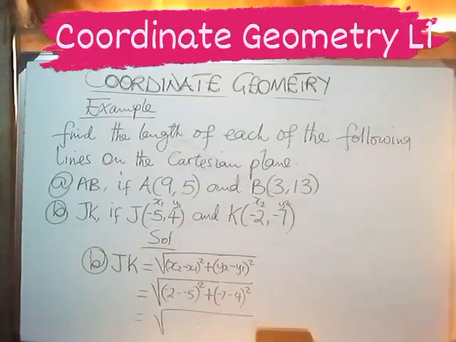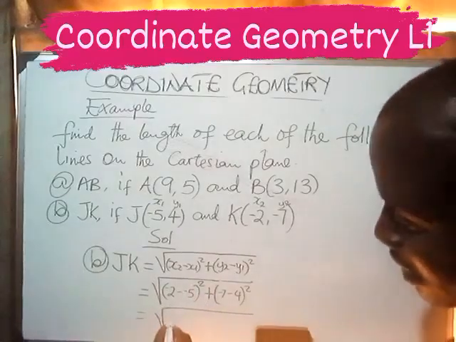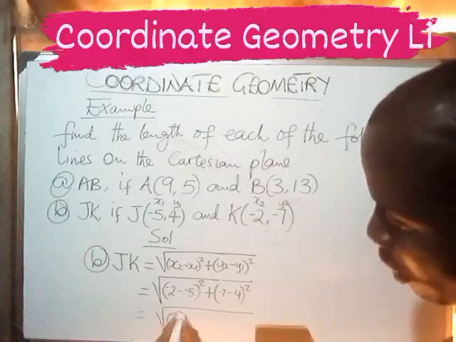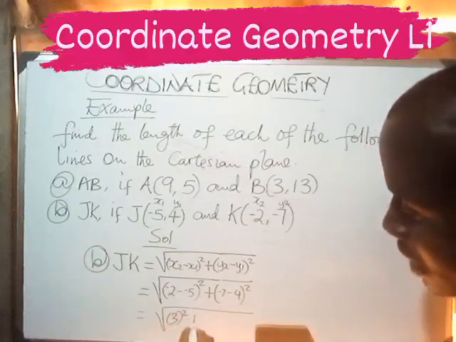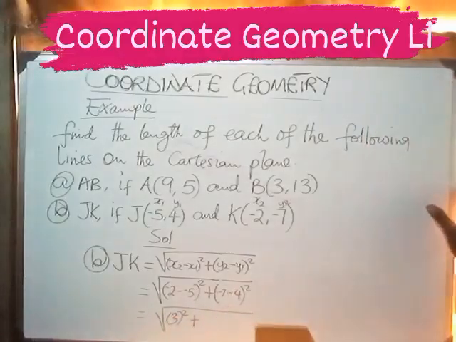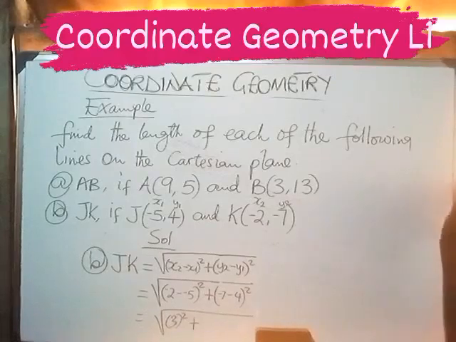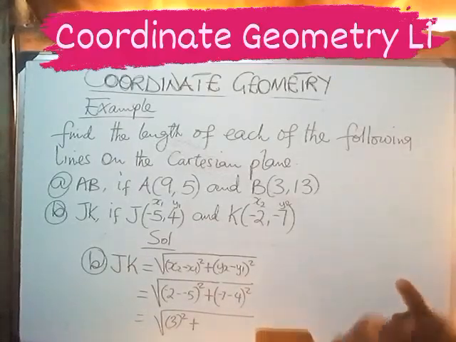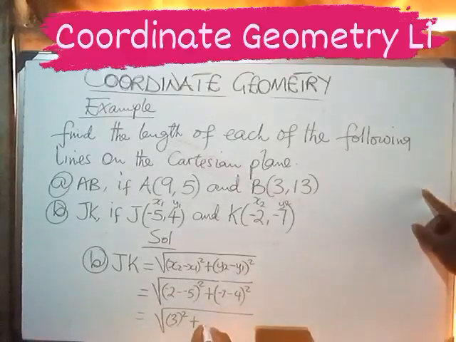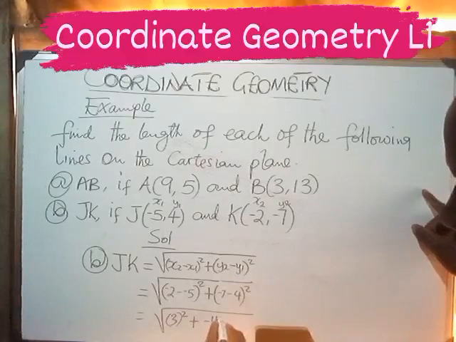So this is the same as saying negative 2 plus 5. The answer is 3. So we're going to have 3 squared plus. We come here, negative 7 minus 4. Since they have the same signs, you add them and you maintain the sign. So we are going to have negative 11. So write negative 11 squared.